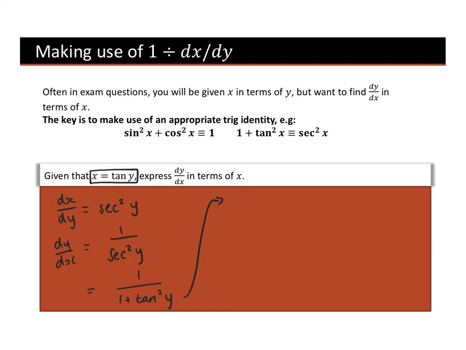Okay, so this means I can rewrite this as 1 over 1 plus tan of y all squared. Tan y equals x. So this means that this is actually 1 over 1 plus x squared. Okay, we've just manipulated it.